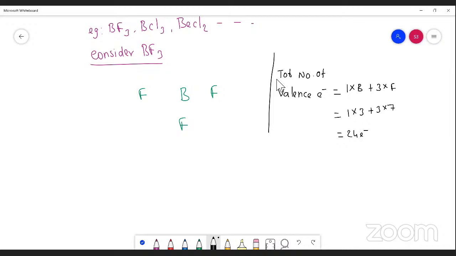Now we write the skeletal formula of BF3 and make a single bond first: one single bond, another single bond, and another single bond.